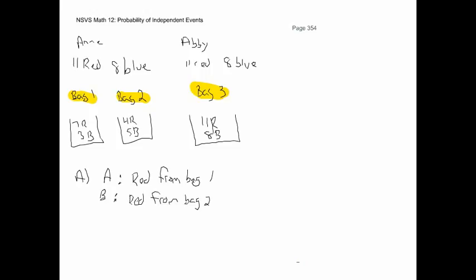The two events are independent because the chance of getting a red marble from the second bag is not affected by the red marble in the first bag.